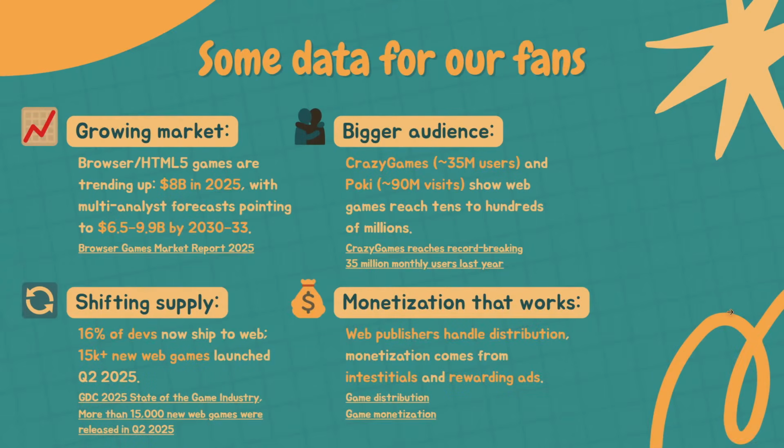I'm going to go briefly over this slide because it's packed with a lot of information. But as I said, it's a growing market, and the data shows more and more devs ship games every year, and more and more new games are shipped on web platforms.